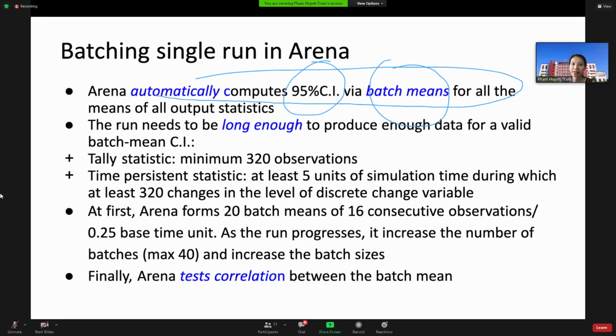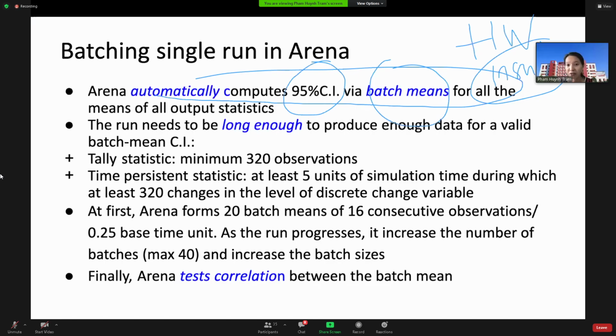Many times you may see in an Arena report that the half width is insufficient. This happens when we don't have enough replications, or we run only one replication that is not long enough.